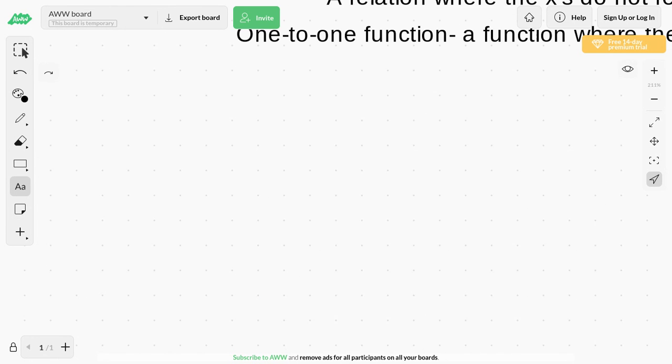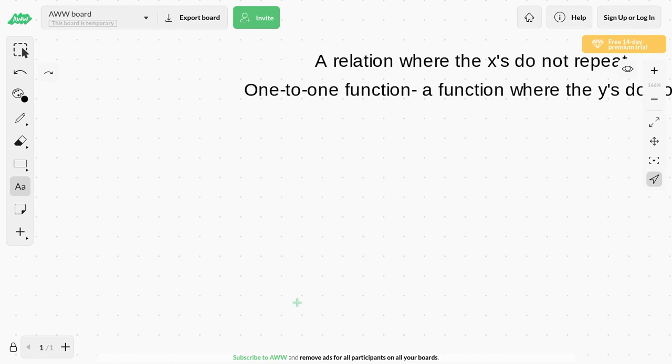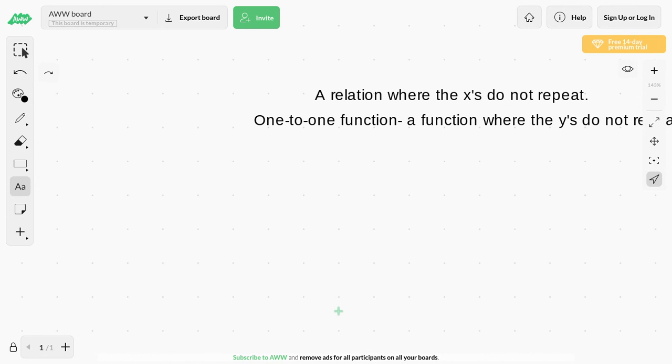Okay. So, piecewise functions. Let me find one that is pretty easy. Okay, let's go with this one. So you see something like f of x is equal to, and then you see this thing. No, it's not that simple.